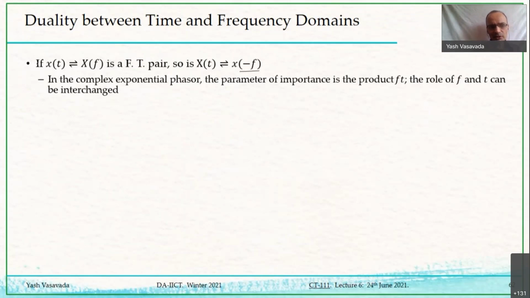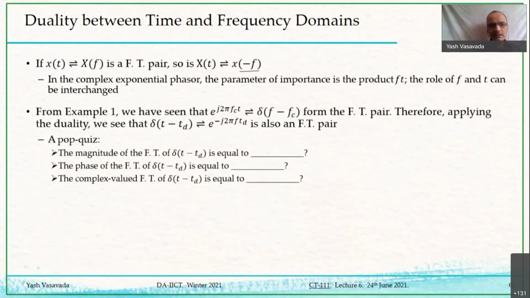So this is a property of Fourier transform. We are not going to prove this property, but let us make use of it. Remember, we did this example a few slides back, from where we concluded that this is the Fourier transform pair. So now everywhere I'm having f, I'm going to make it t.